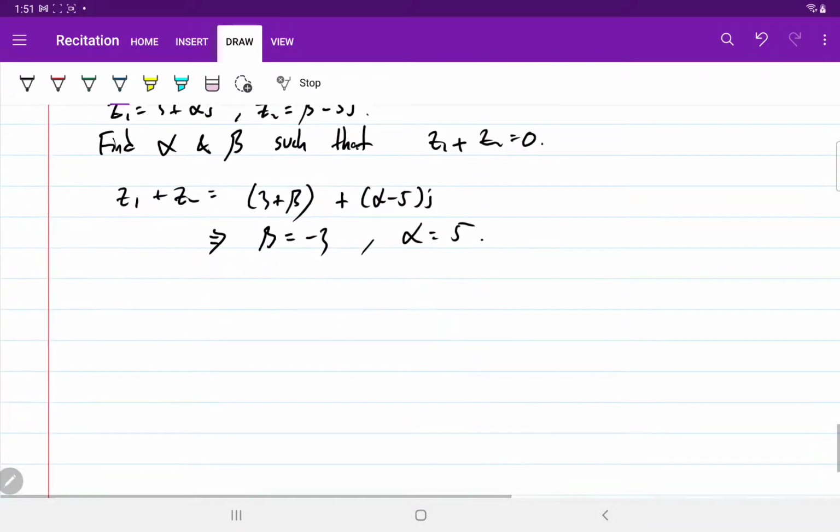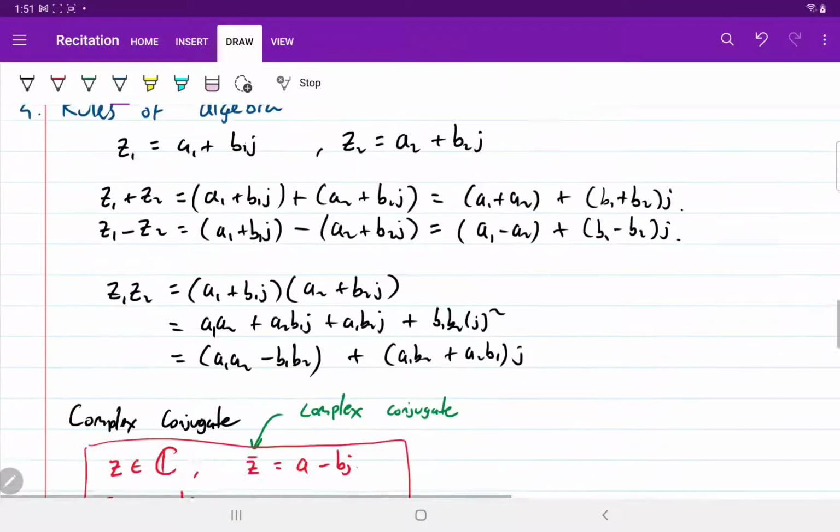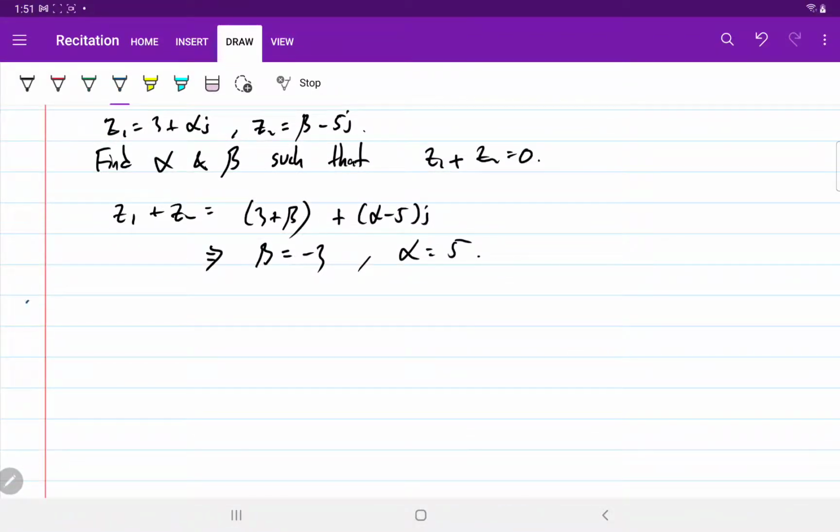We also have properties. Number 5, properties of complex numbers. We have commutativity.